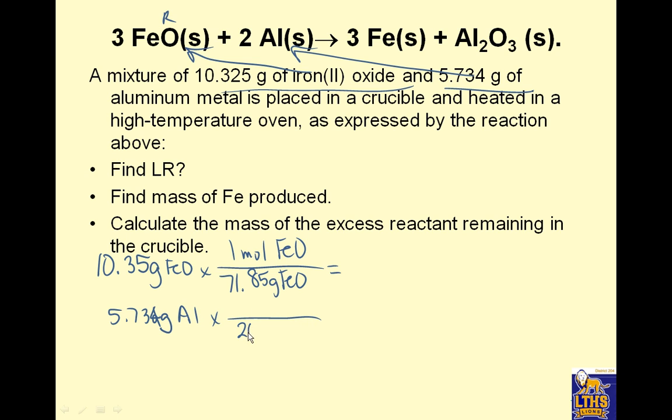The other reactant, 26.98 grams of aluminum for 1 mole of aluminum equals, and so we're going to get moles here.